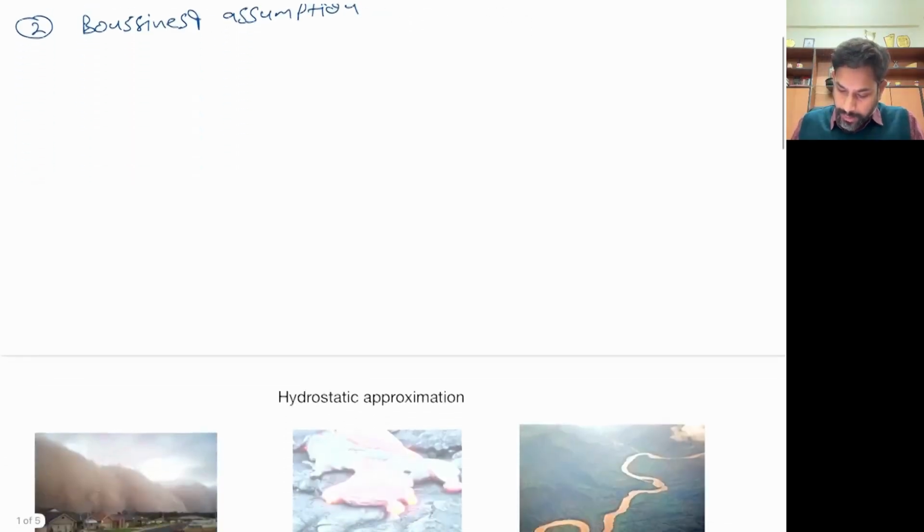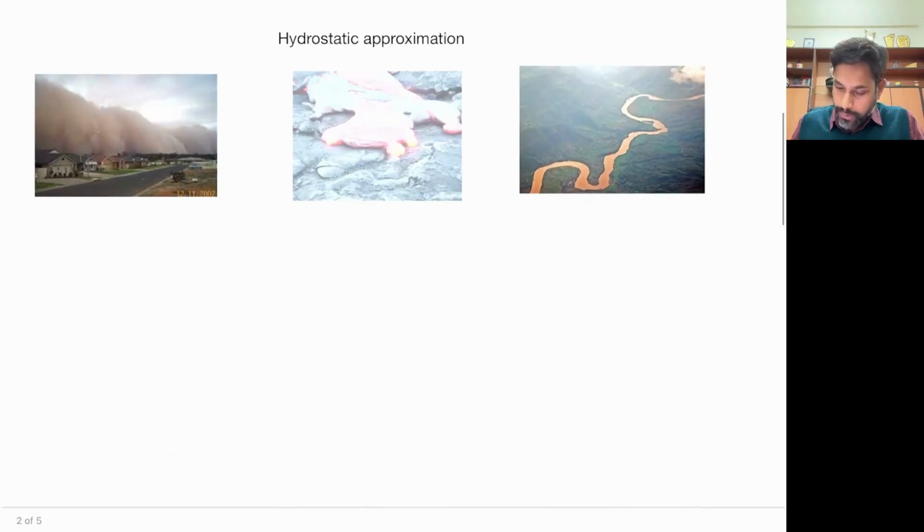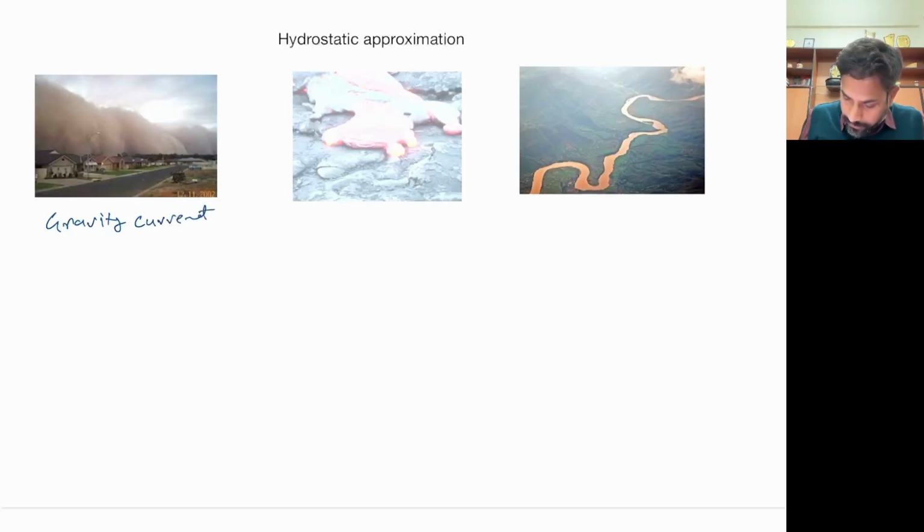So let's start with the hydrostatic approximation, and to understand that, let us look at these three images of different kinds of flows. The first one that you look at on the left is of a gravity current of dust, or you can also call it a dust storm.